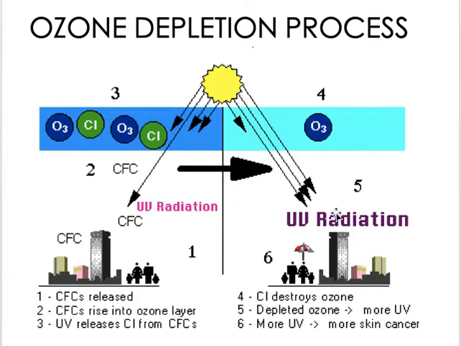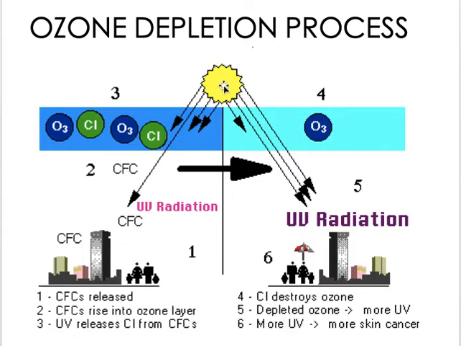In the process, for example, there are gases emitted from the surface of the Earth, like CFCs or chlorofluorocarbons. These chlorofluorocarbons have a chlorine component, chlorine gas component.